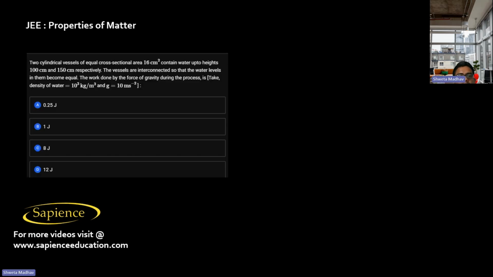And here it is told two cylindrical vessels of equal cross-sectional area 16 centimeter square.